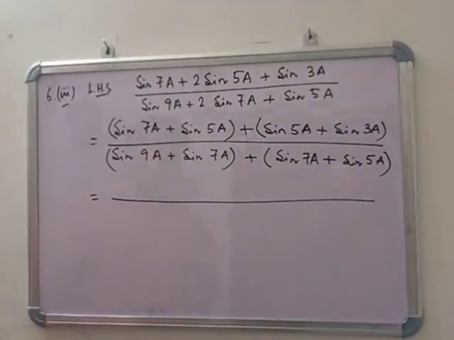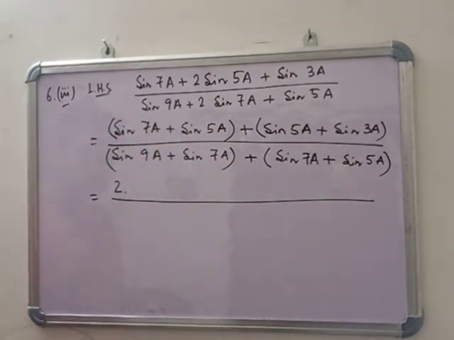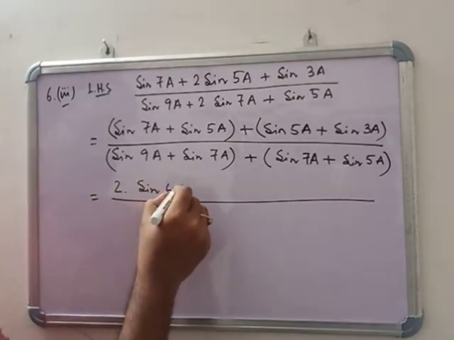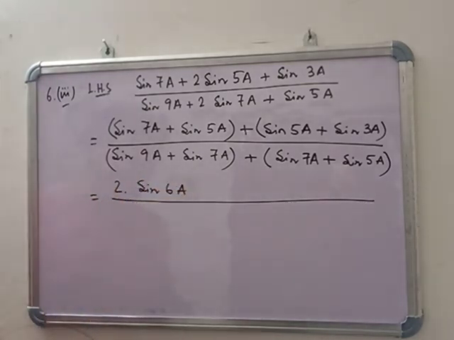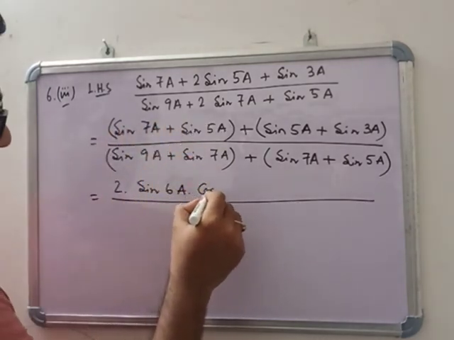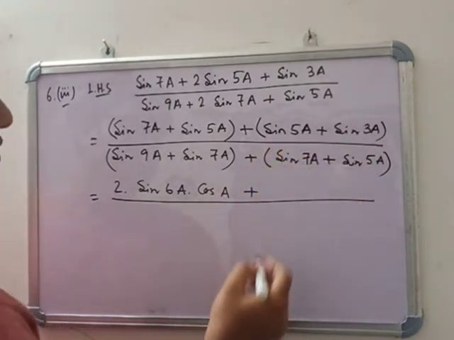So now sin C plus sin D. That means 2. 7 plus 5, 12. 12 by 2, that means 6. So this is sin 6A. This minus this, 2A by 2, that means A. So cos A. Plus this plus this 8.